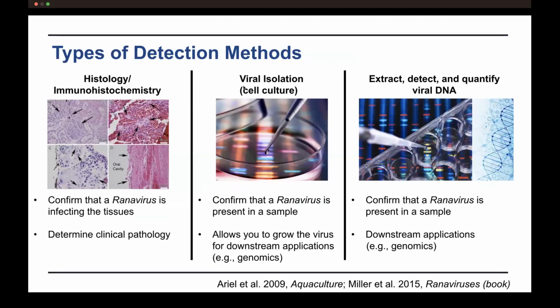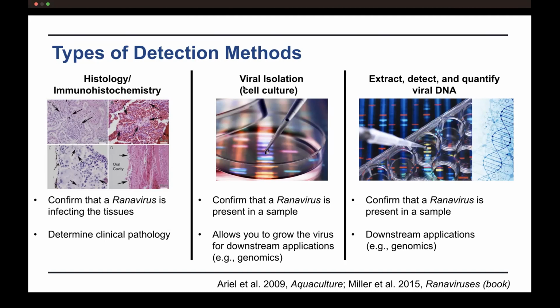One of the methods to detect ranaviruses is through what we call histology and immunohistochemistry, where you can stain tissues and try to detect the virus inside the tissues. This is a way to confirm that a ranavirus is actually infecting the tissues in the host of interest.